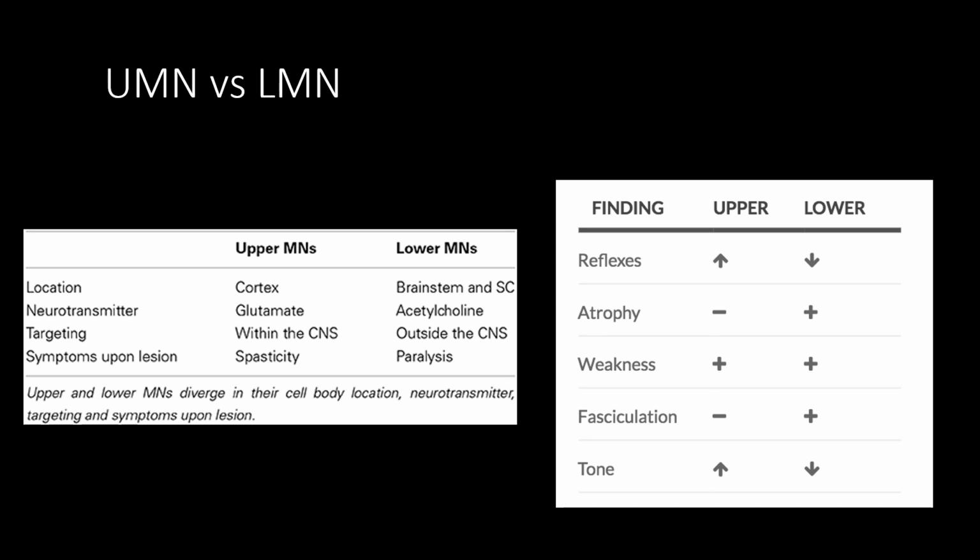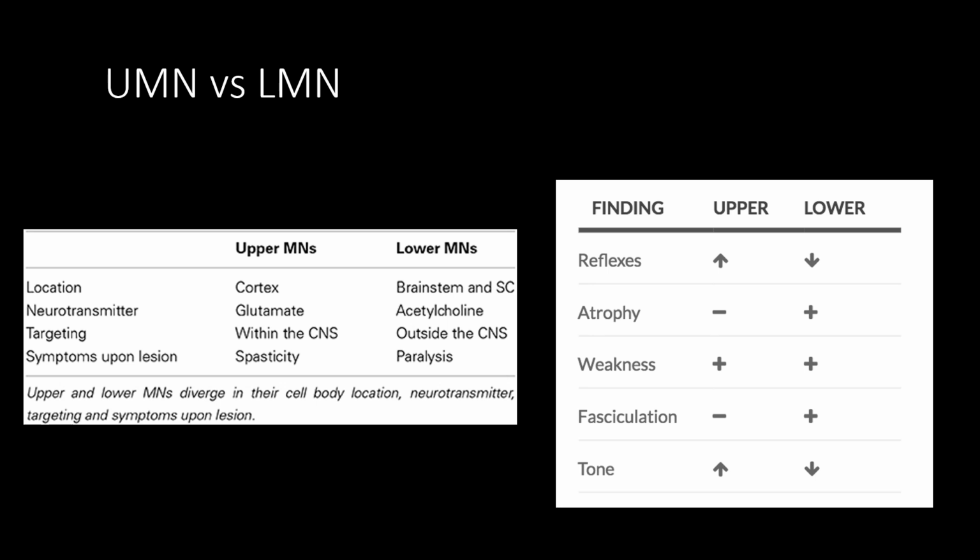So we see an increase in reflexes, an increase in tone, an increase in spasticity, decrease in atrophy because the muscles are constantly contracting. We do have increased weakness. So just because a muscle is spastic and has increased tone doesn't mean that it's going to be a strong muscle. And so that's important to note.